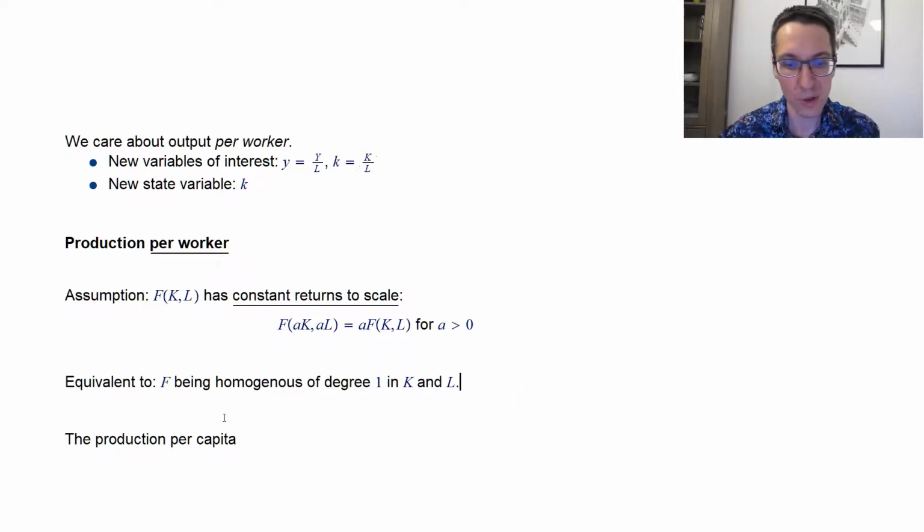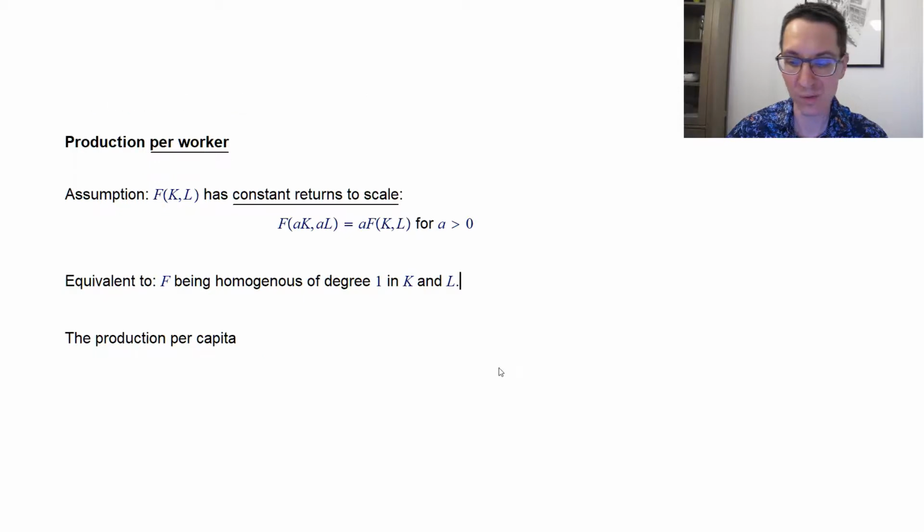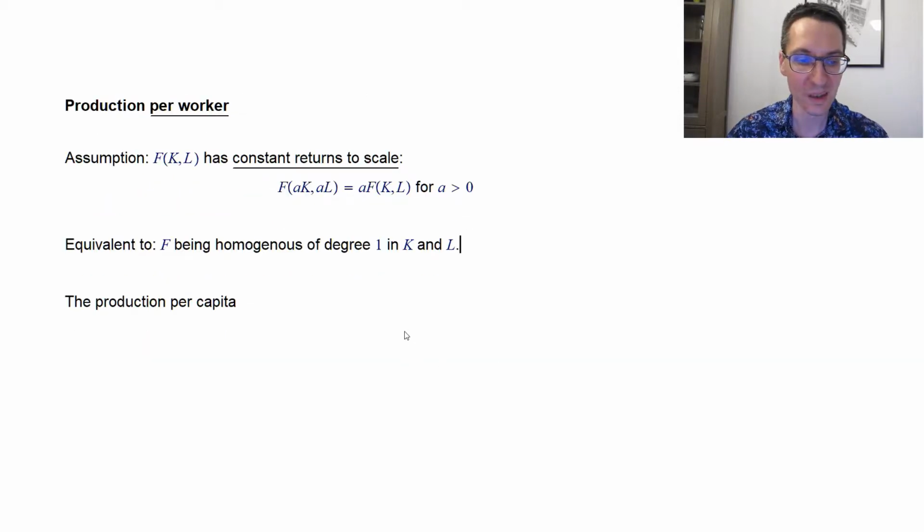A mathematical way of saying the same thing would be to say that f is homogeneous of degree 1 in K and L. So that means that if I multiply K and L by some constant, then it's like multiplying f by that constant to the degree 1. So here a to the 1. So it means exactly the same thing. So you don't really have to care too much about it.